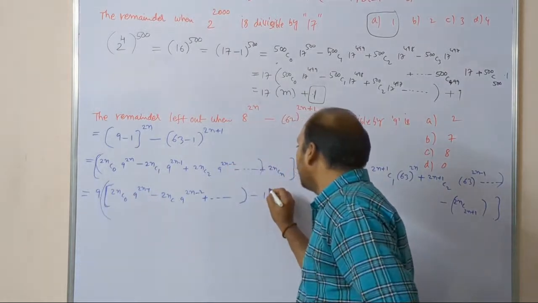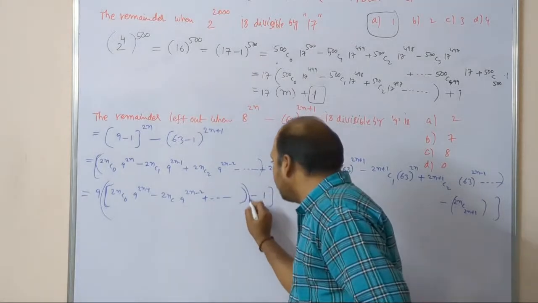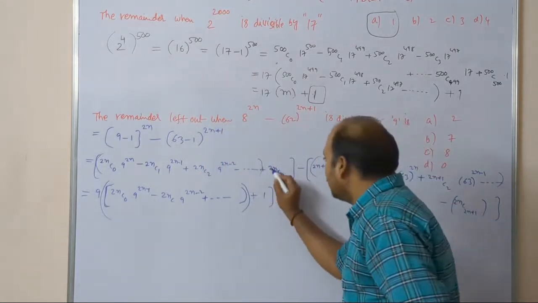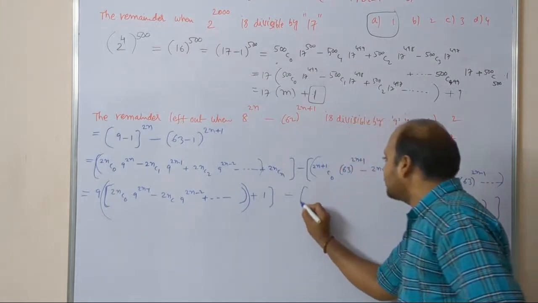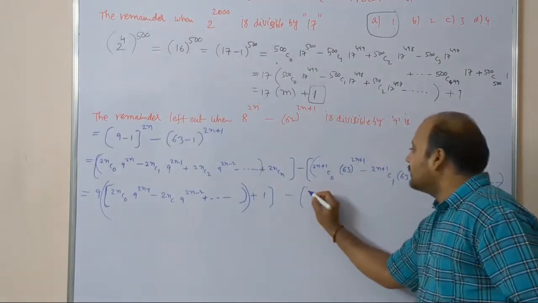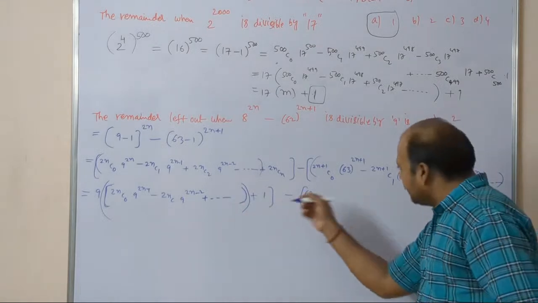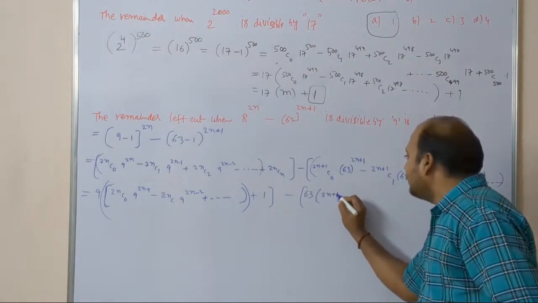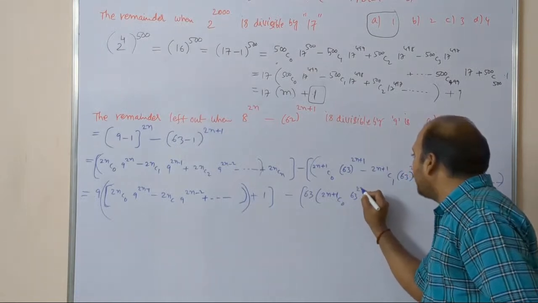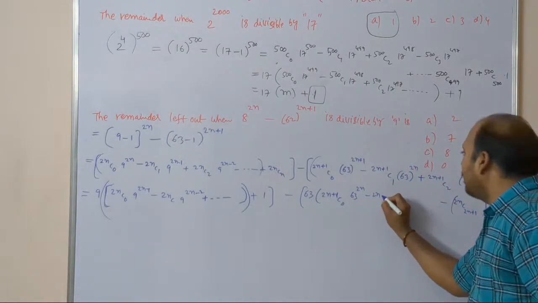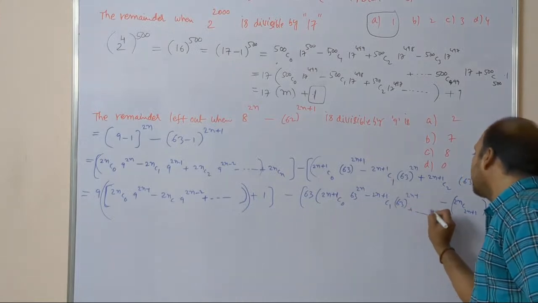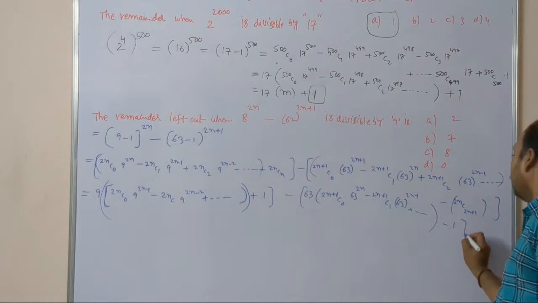So minus 1. Here the remainder. Till here, 9 into a multiple, next plus 1. Plus 2n plus 1 is 1. Minus. Here also 63 I am taking. 63 is also divisible by 9, no? 63 take out common: 2n plus 1 C0, 63 power 2n, minus 2n plus 1 C1, 63 power 2n minus 1, like this and so on, minus 1.